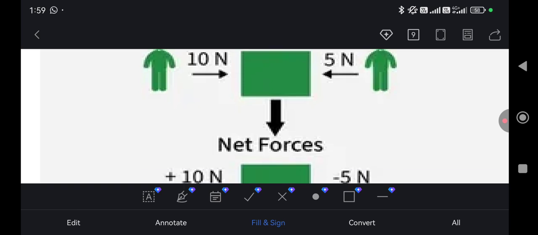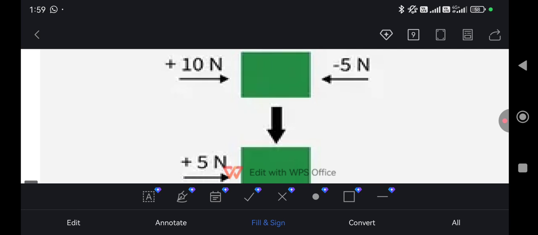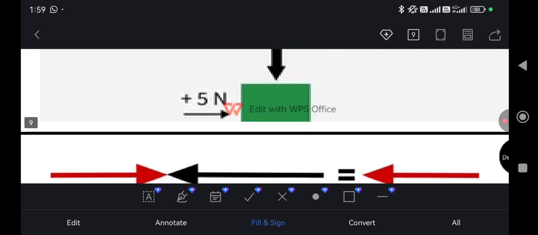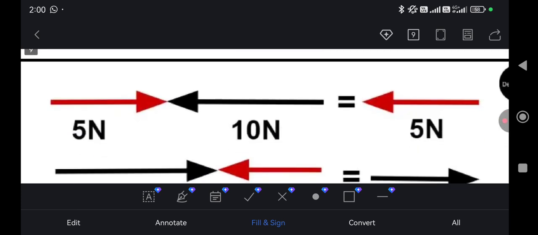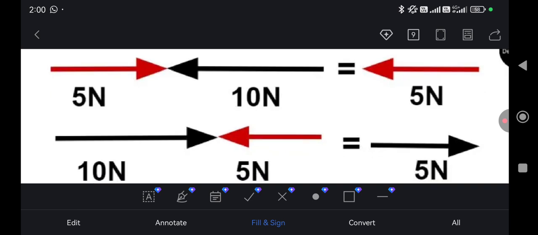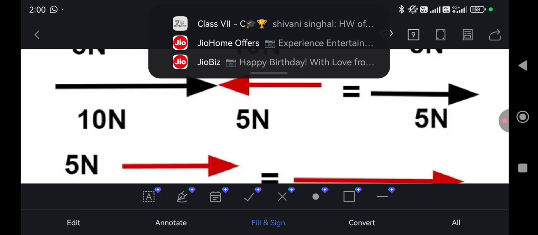Here one side is 10 Newton but the other side, in the opposite direction, is 5 Newton. So the net force is plus 5 Newton. Let's see some more examples of unbalanced force. The net force is not 0.